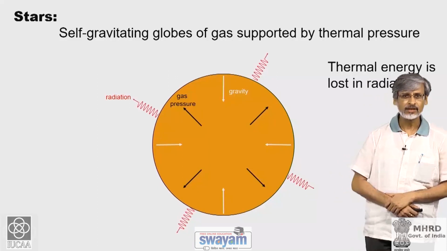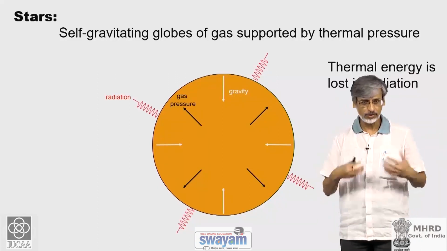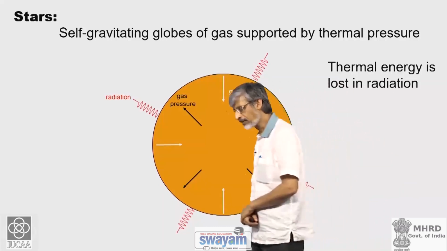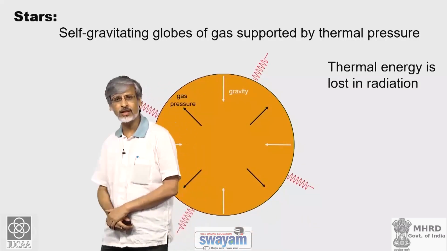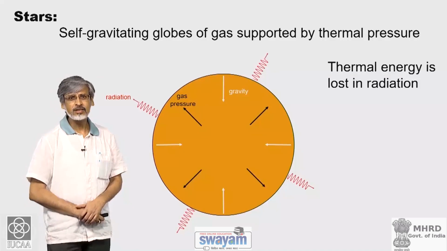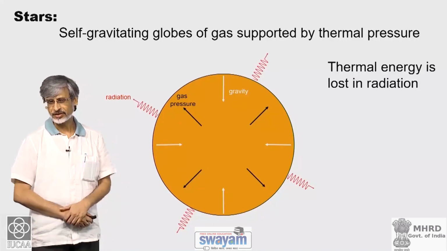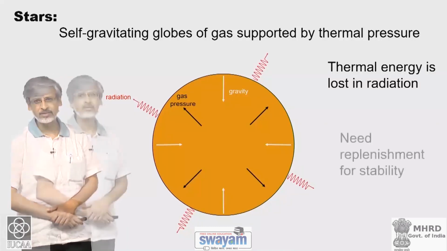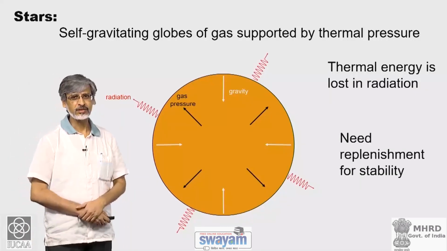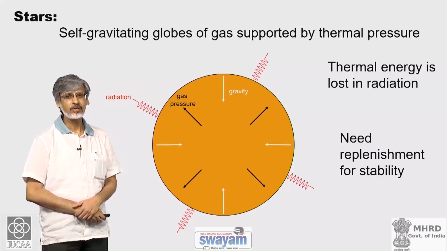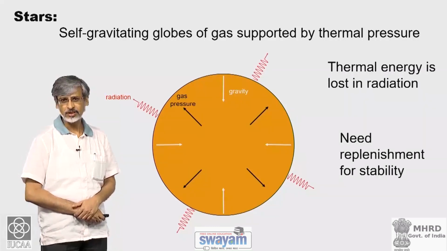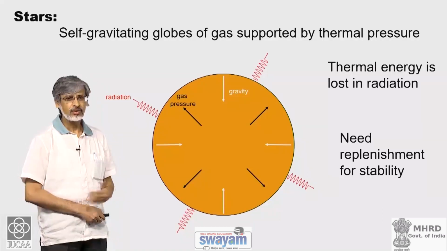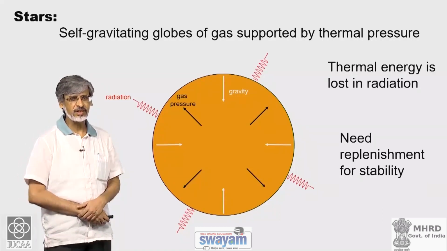The thermal energy, which is also being used to generate the pressure that is holding the star up, is being lost in radiation. So, as the thermal energy is lost in radiation, you need to replenish this thermal energy for stability to continue.